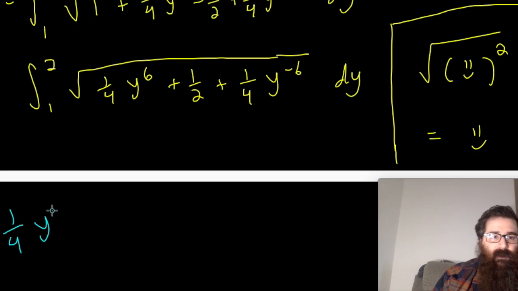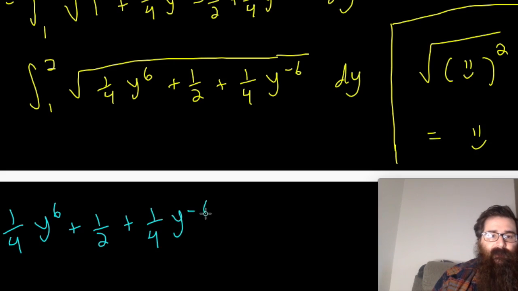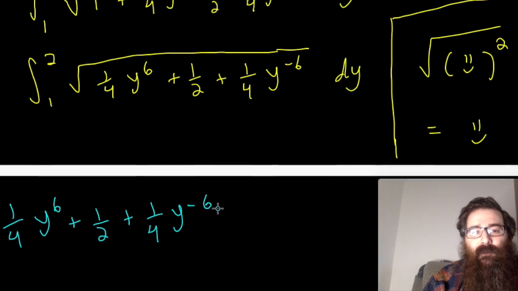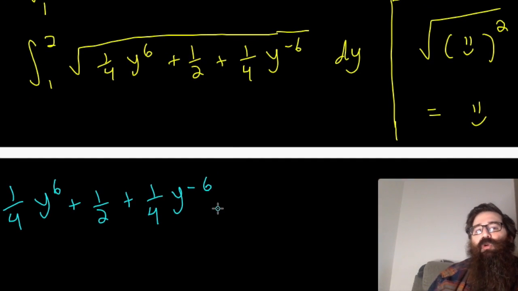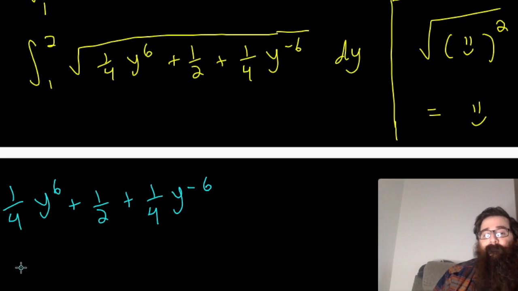I have 1/4 y to the 6th plus 1/2 plus 1/4 y to the minus 6. And I'm going to give you a little pro tip, an insider tip here. If this is going to work, it's going to work practically effortlessly. So I would say try to factor this, and don't even sit there and stare at it and wonder, well, what should it be?